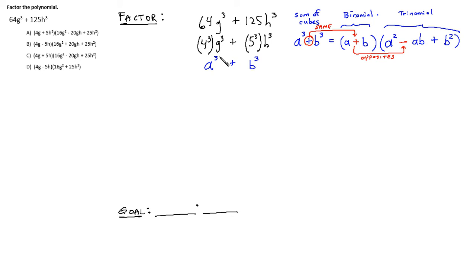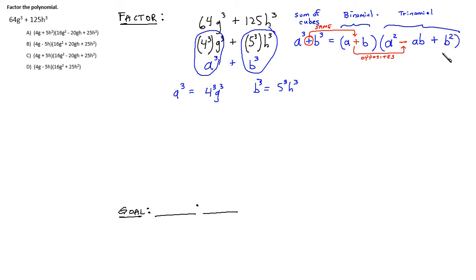And what we find is in our a cubed position, we have 4 cubed g cubed. And in our b cubed position, I make little equations out of these, we have 5 cubed times h cubed. I want to know what a and b are, though, so we can fill in our formula and complete our factoring.